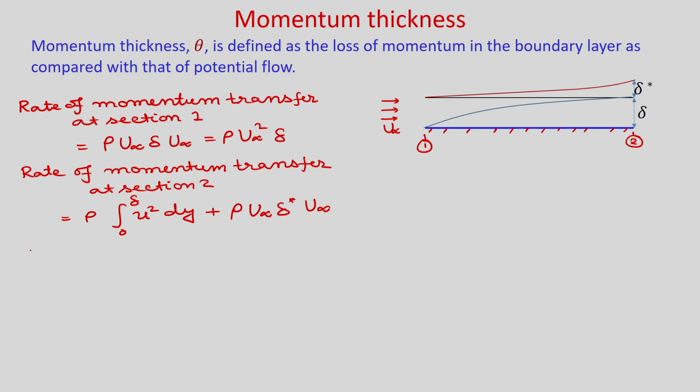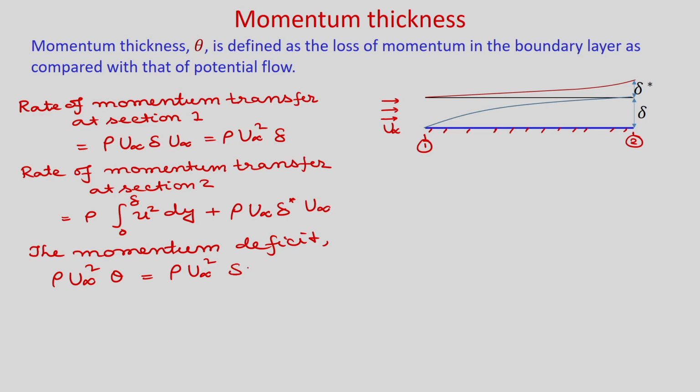So, now the momentum deficit we can represent as rho u infinity square theta is equal to rho u infinity square delta minus rho integral 0 to delta u square dy minus rho u infinity square delta star.